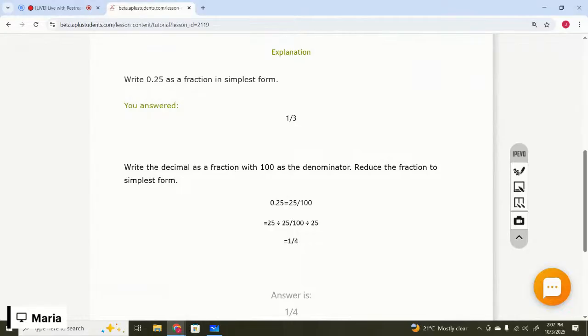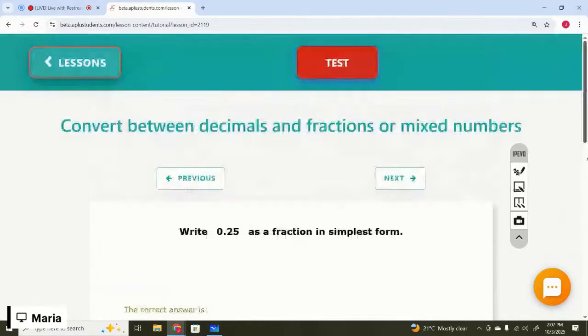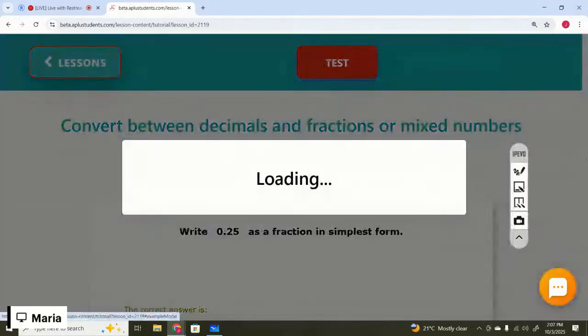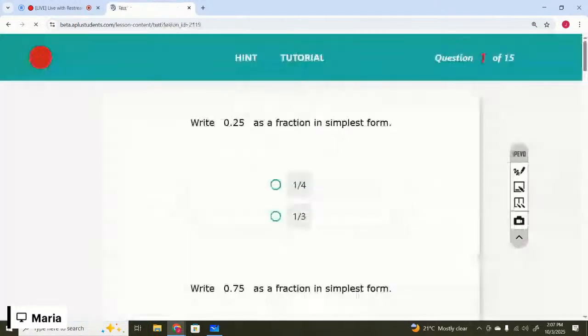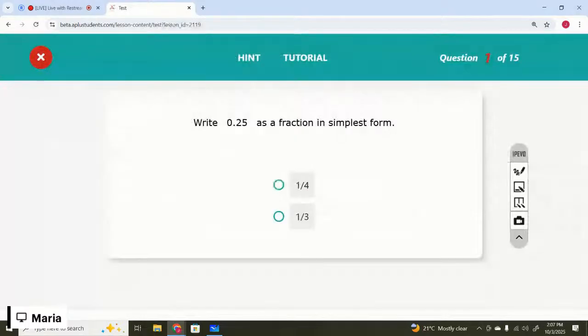Let's just start with the test questions. Write 0.25 as a fraction in simplest form. So first thing you need to do is remove the decimal point.